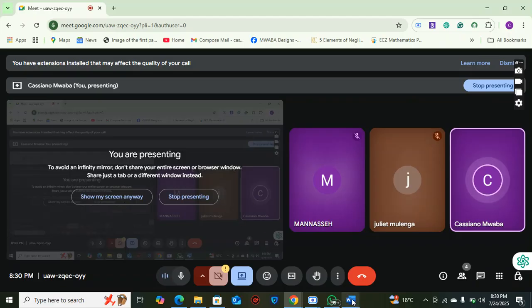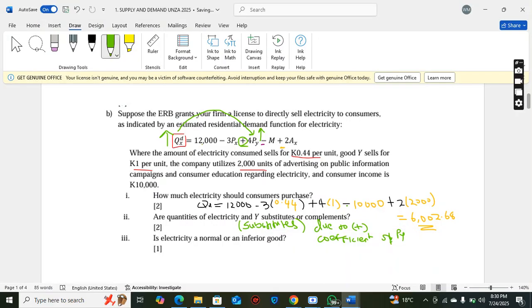So in this case, we see a negative sign here. If we look at the relationship between quantity demanded and income here, there's a minus sign telling us that if income goes up, quantity demanded of electricity is going to go down. And if income goes down, quantity demanded of electricity goes up. There's a negative relationship.